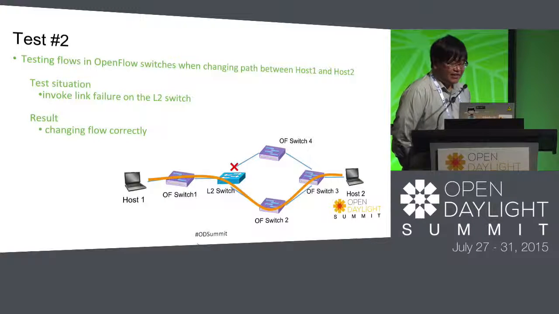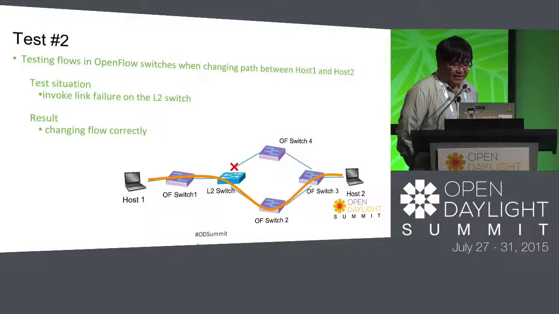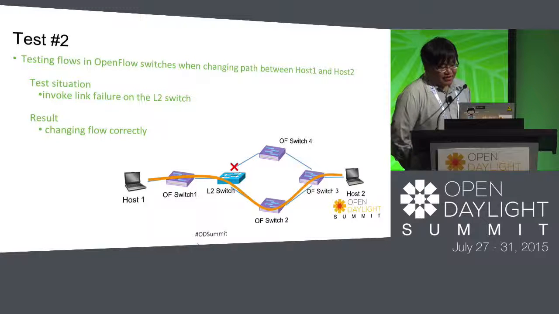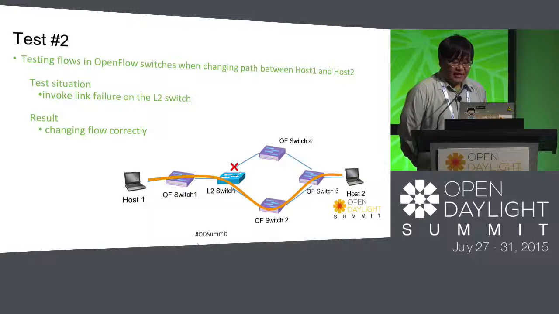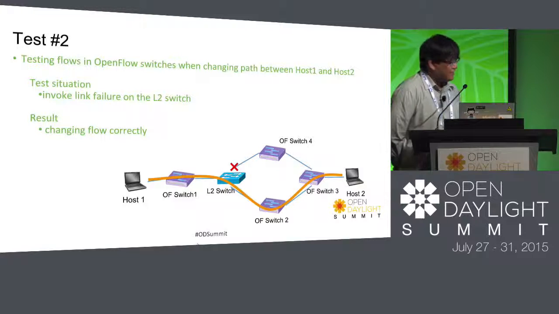The result is what we expected. VTN changes the flows in OpenFlow switches. Host 1 can send a packet to host 2 through the lower path. We know we have to test in many more situations, such as what happens if the L2 switch has more paths.